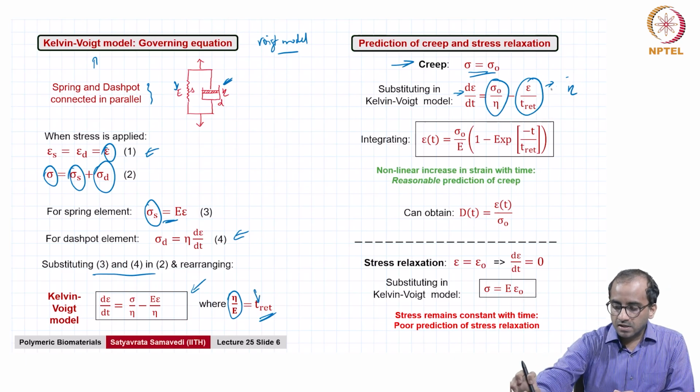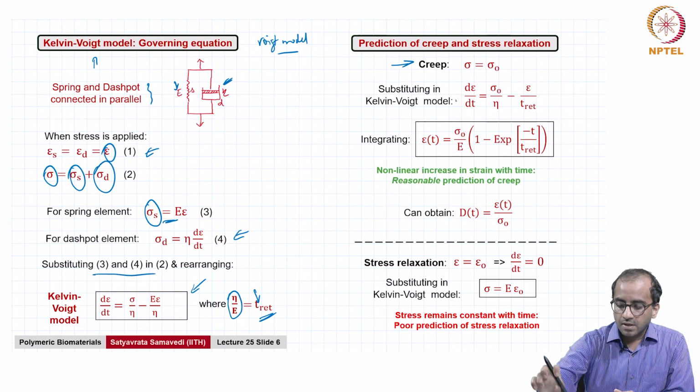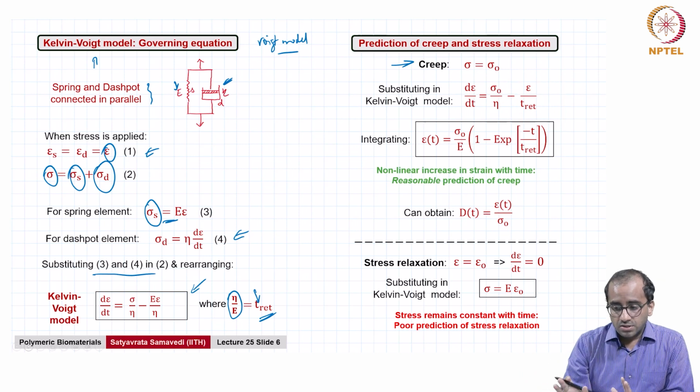So we get this expression. Once you have that, you can integrate it and you will end up getting an expression for epsilon of t, essentially how strain varies with time.